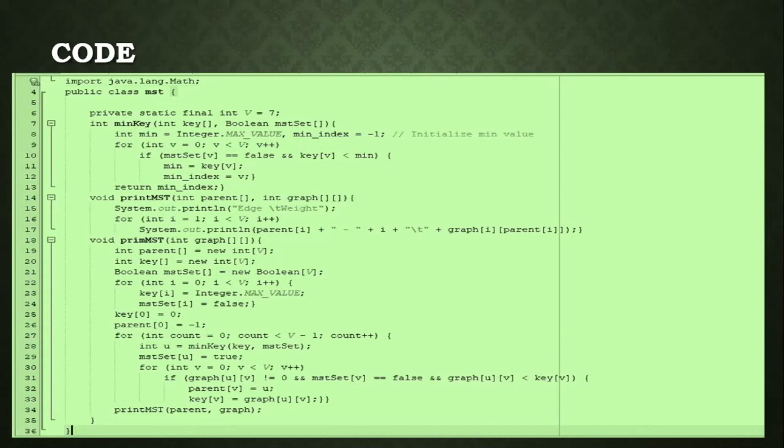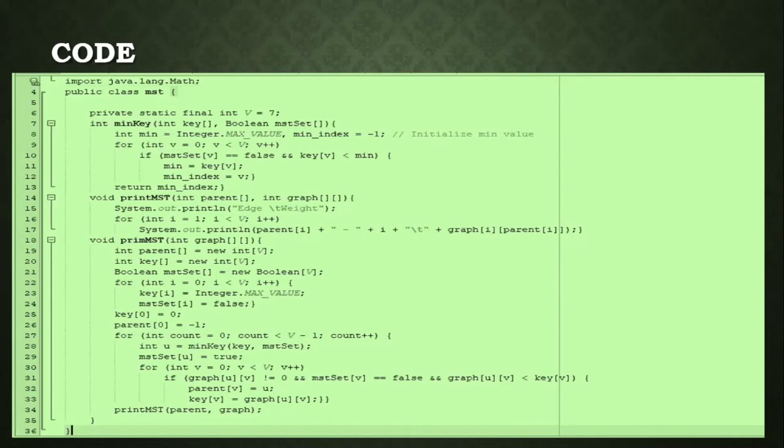We will go to the minimum key function now. In the minimum key function, you can see at the beginning we took integer min equal to integer max value. That means we took all the values as maximum, and the minimum index equal to -1.